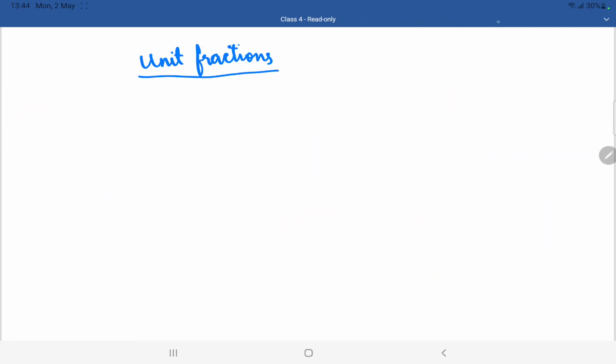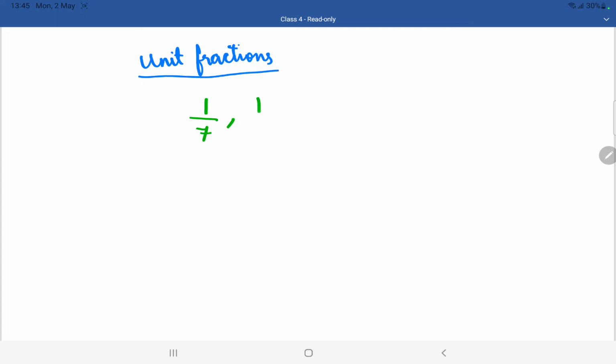Okay? So we have one more kind of fraction also, which is known as unit fraction. Now what is meant by unit fraction? Whenever any fraction has 1 as its numerator, then that fraction is known as a unit fraction.